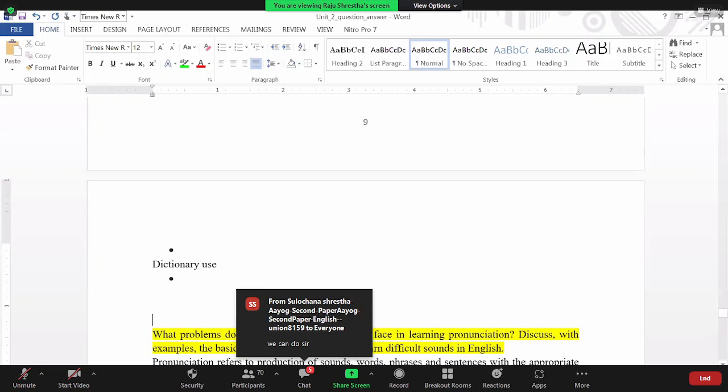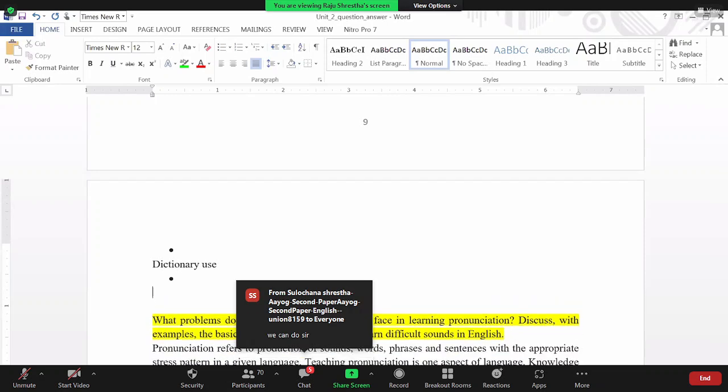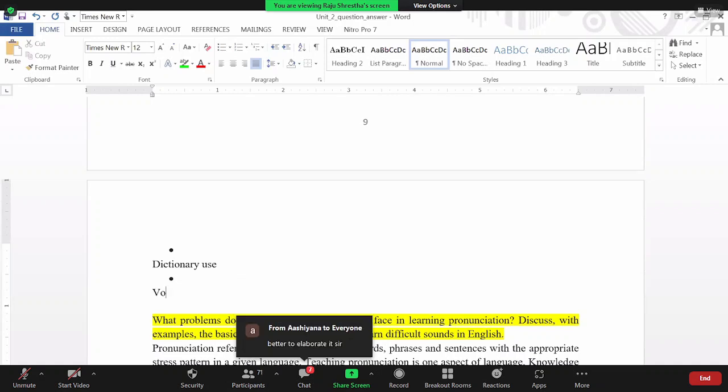Now, this is the second type of question. Then the third type of question can be asked, like we checked in the previous question also: vocabulary.